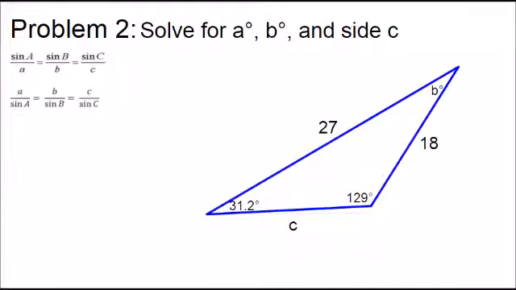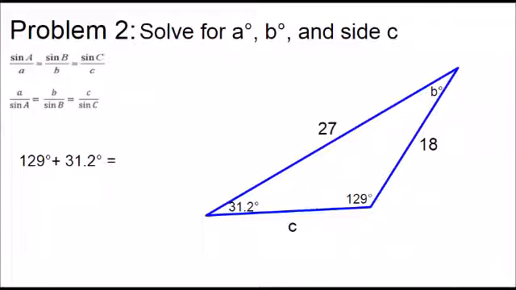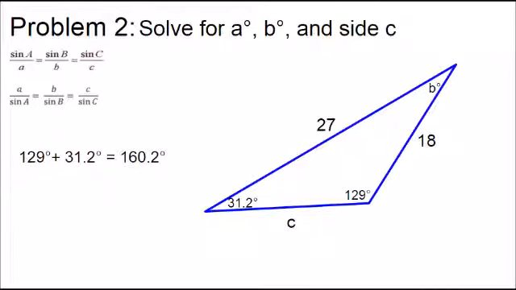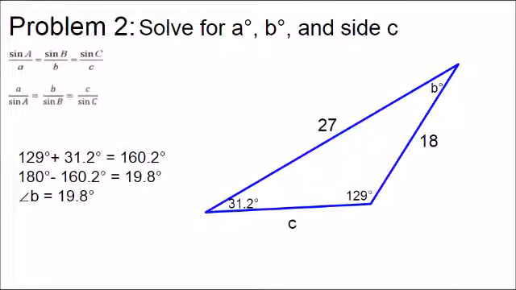Now we have two angles, and it'll be much easier to solve for angle B, so we can do that real quick. So 129 plus 31.2, which equals 160.2, and subtract that from 180 because all the angles in a triangle add up to 180 degrees, and you get 19.8, so angle B equals 19.8.